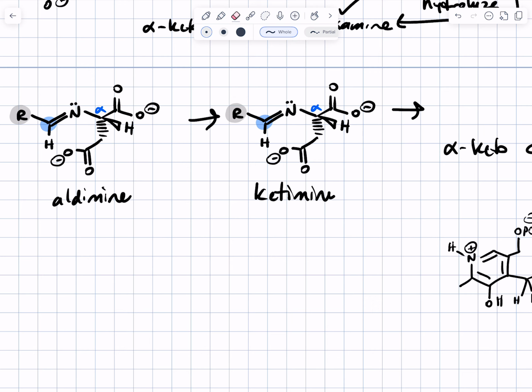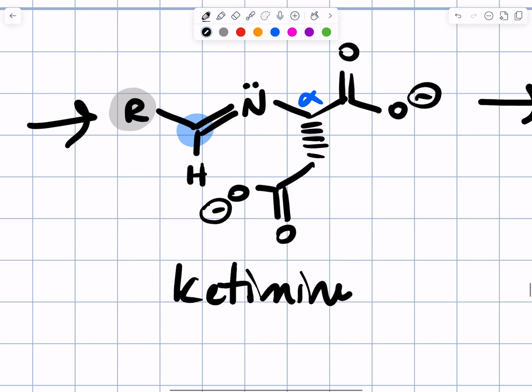What proton gets removed? Alpha proton. Good. Then where does it go? Onto the blue carbon. So what used to be my carbonyl carbon.